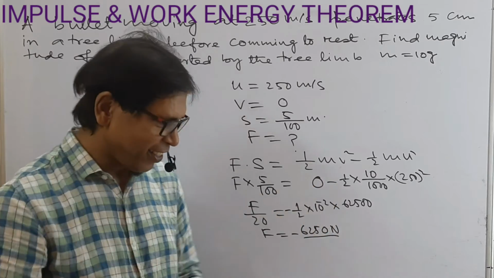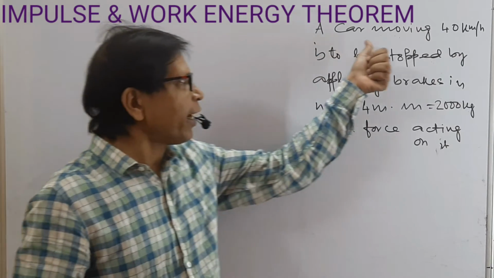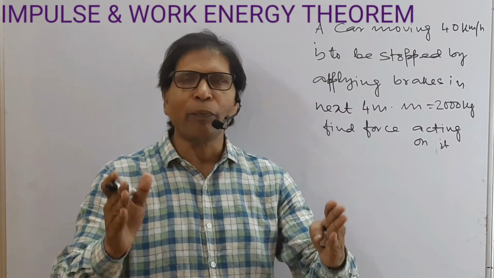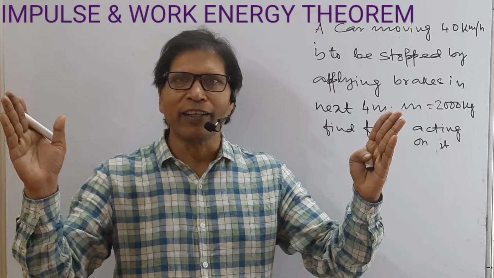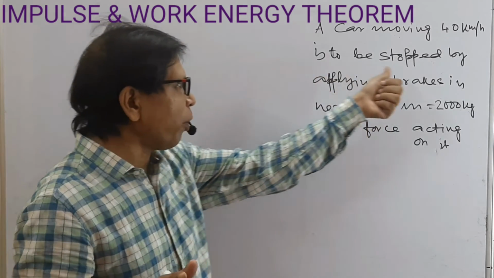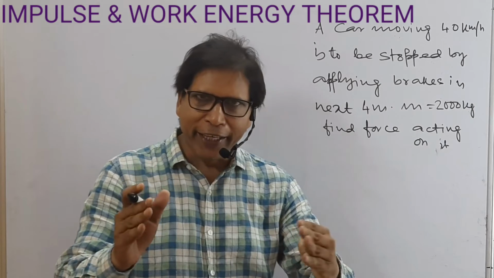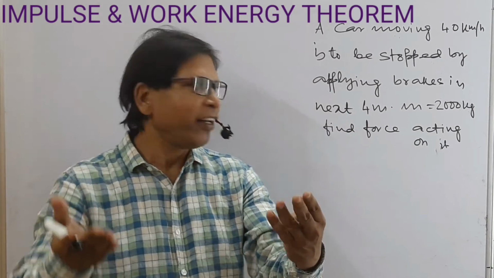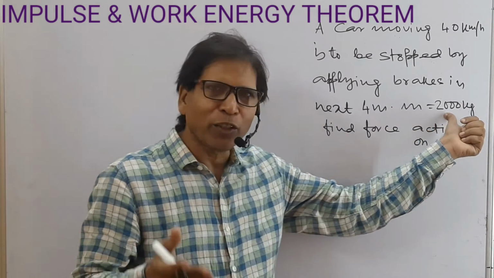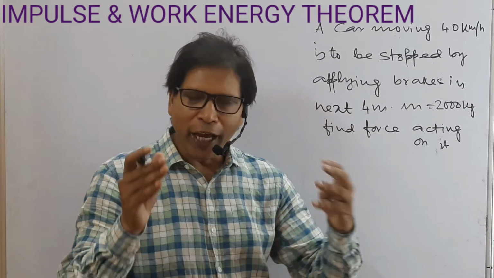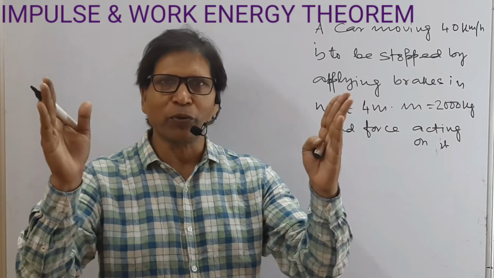Understood? Next. A car moving at a speed of 40 km per hour is to be stopped by applying brake in the next 4 meters. The mass of the car is 2000 kg. We have to calculate the resistive force.